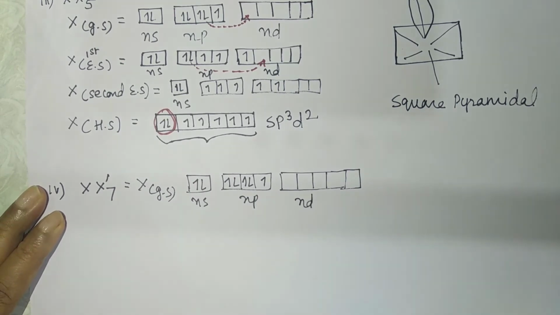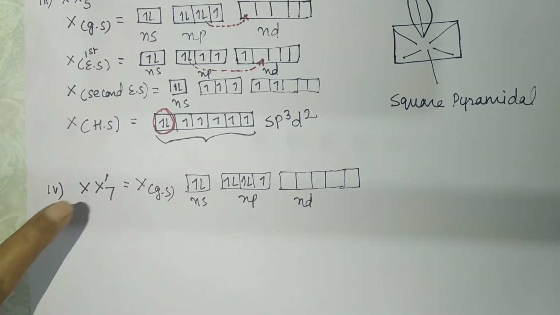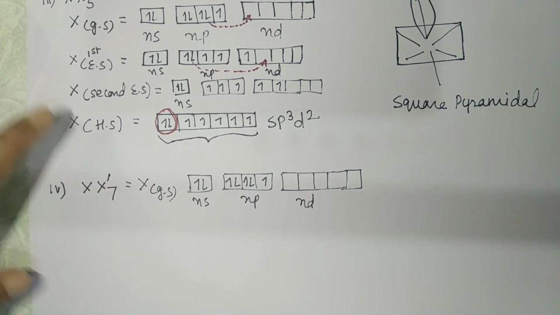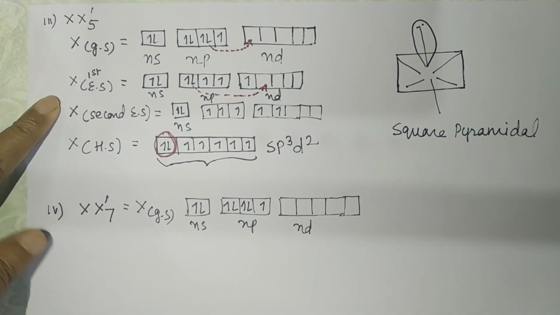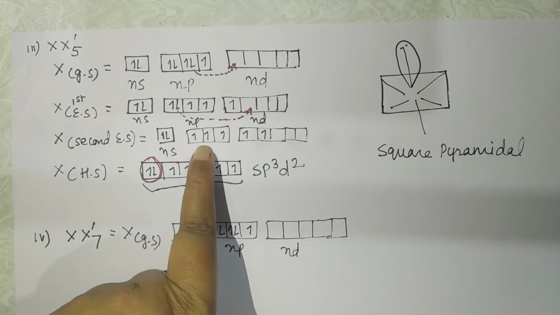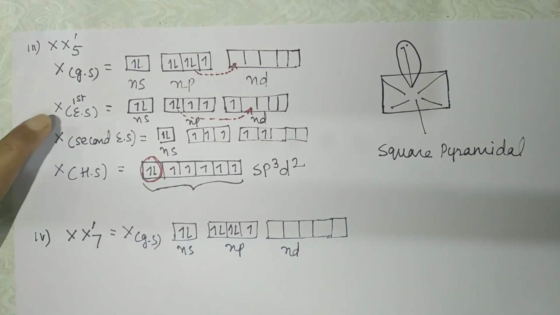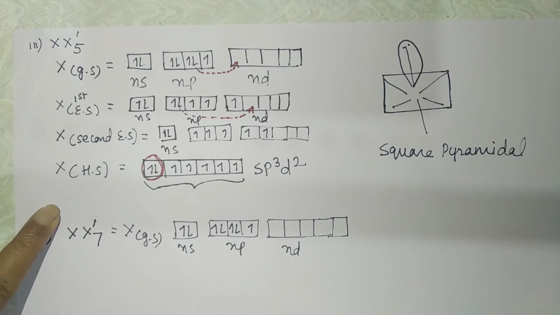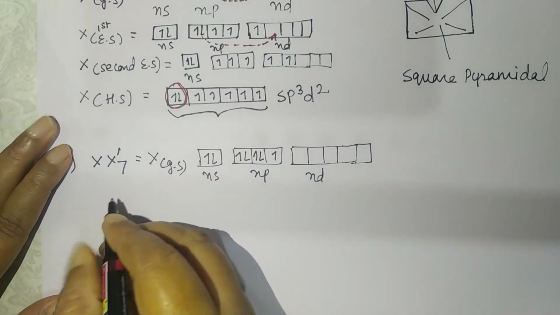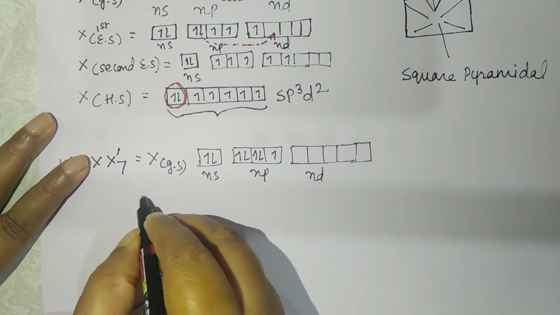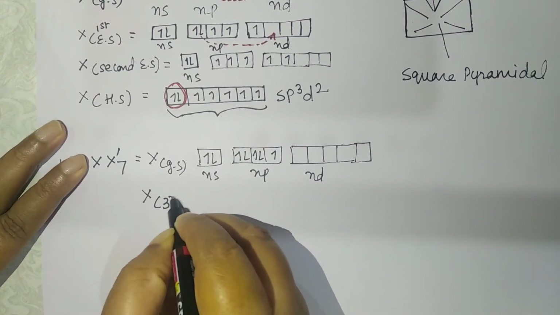Now how many unpaired electrons do I want? 7 unpaired electrons. Taking help of the previous electronic configuration, here I have created 5 unpaired electrons. So by this time you might have understood that I need the third excitation also. So I will write X in the third excited state.